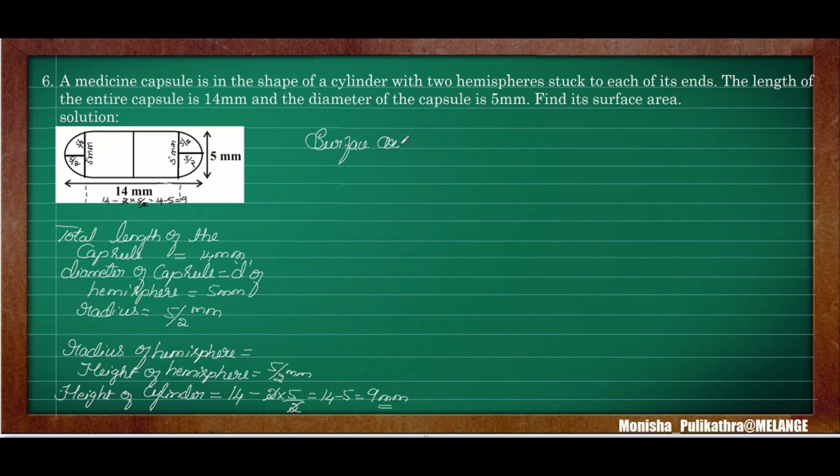So the total surface area of the capsule is equal to the CSA, the curved surface area of the cylinder, plus the curved surface area of two hemispheres.